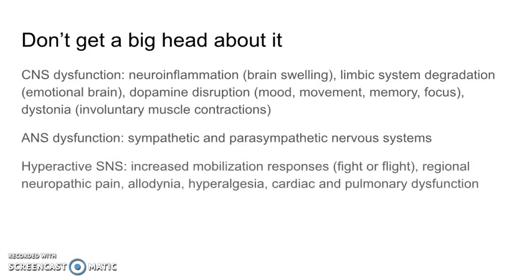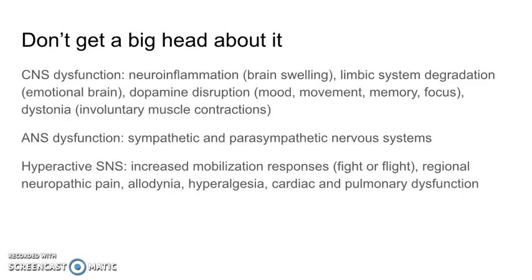This causes increased mobilization responses, which is your fight or flight responses. This also causes regional neuropathic pain, which is the burning pain in CRPS, allodynia, which is having a painful reaction to a non-painful stimulus, hyperalgesia, which is an extreme pain reaction to a slightly painful stimulus, and cardiac and pulmonary dysfunction, which is, again, your heart and your lungs there.